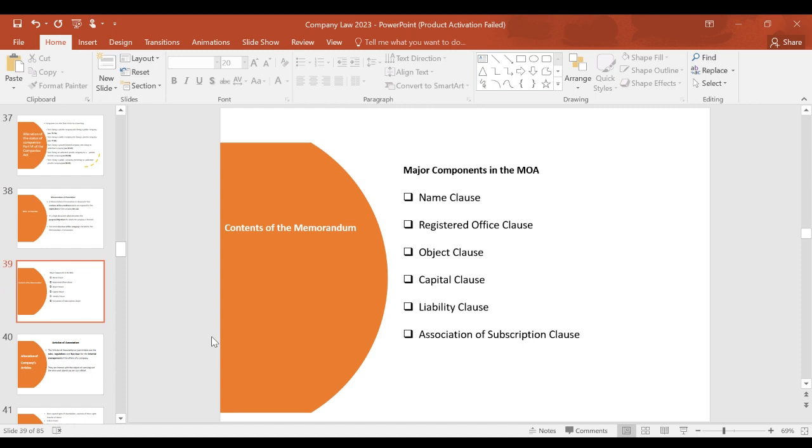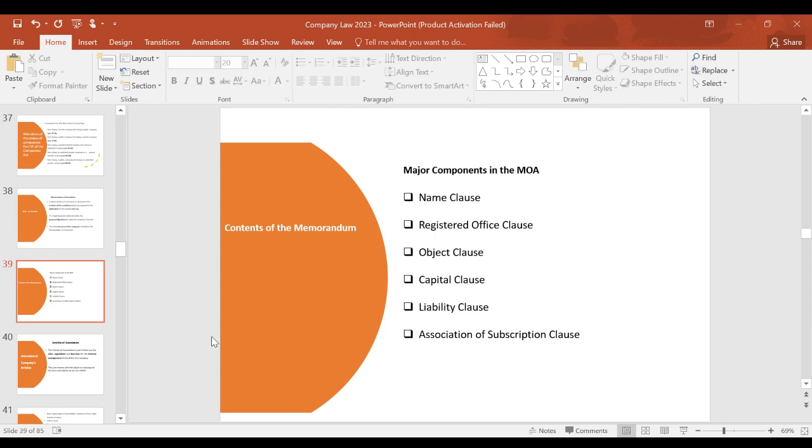So you have to state this is the total capital which the company intends to operate, and of course the shares, how the shareholding has been divided, and also it will look at the nominal values of those particular shares as required by the law.